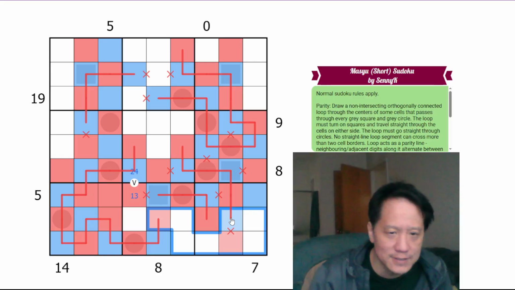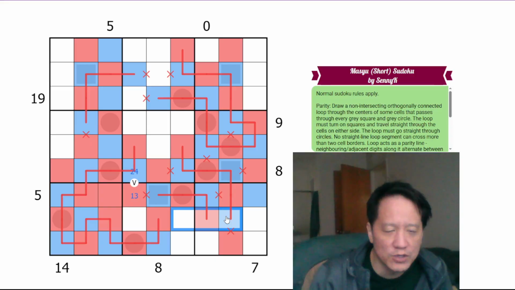If we try to connect to this, then it's the same problem. This doesn't have a way to connect with a loop. So this must connect that way. That satisfies that. This is 2 at most. You can only go 2 that way, or you could turn here.